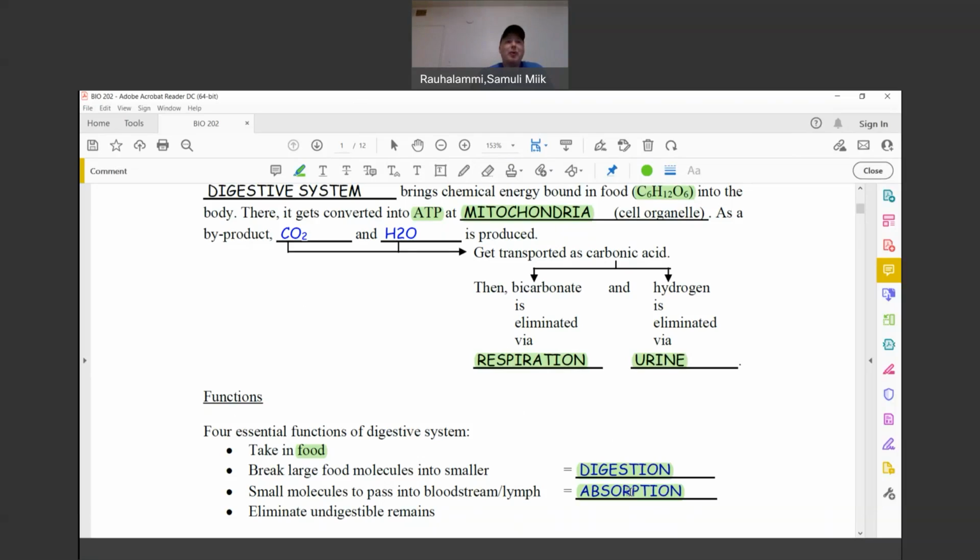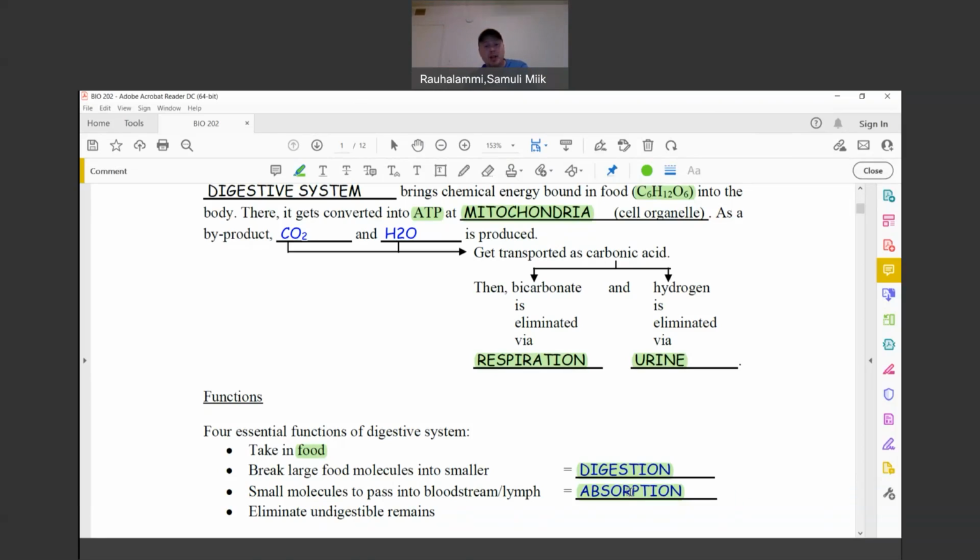Remember that even though food goes inside you while you eat it, technically the digestive tract is just a tube starting from the mouth at one end, ending at the other end, and that tube is continuous. So really, if you consider it this way, food only gets into the body once it gets absorbed, so it crosses that plasma membrane, that membrane between the digestive tract and the insides of your body.